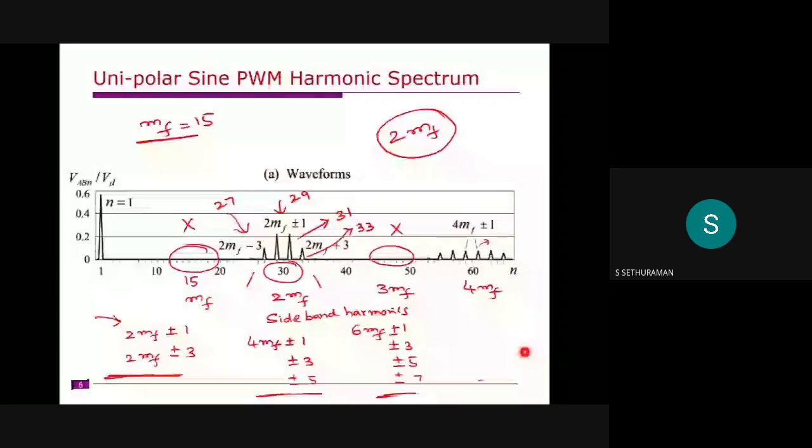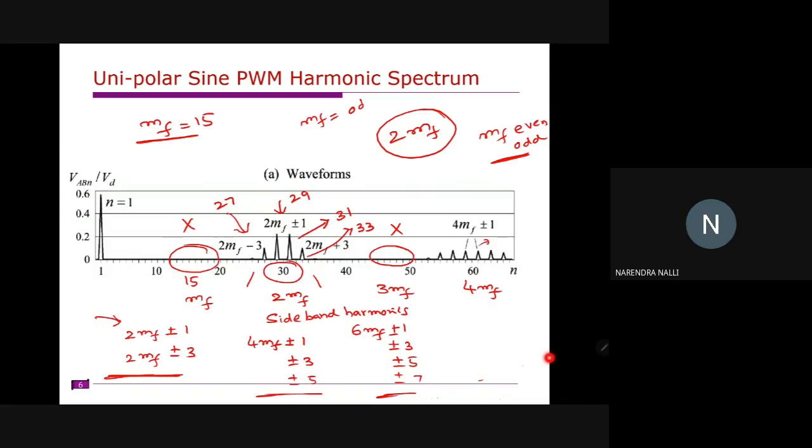Yes, sir. Right. Now what should be the value of MF, even or odd? In case of bipolar, we discussed that MF should be odd. In case of unipolar, is it an even or odd number? Anything is fine. You have 2MF, 4MF and 6MF, so it may be an even number or an odd number.